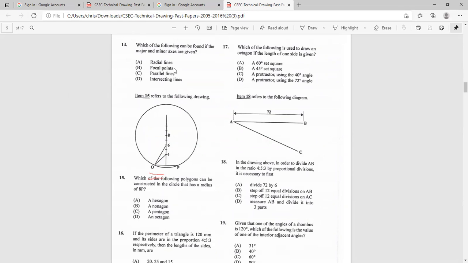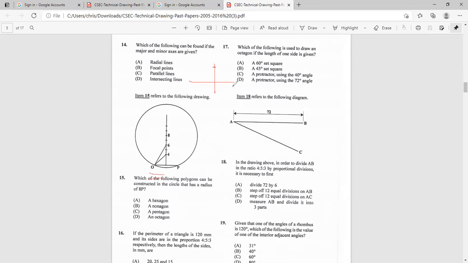Focal point can be found, the normal can be found, and the tangent can be found. Once you have major and minor axes, you're speaking about an ellipse. Major axis, minor axis, ellipse.